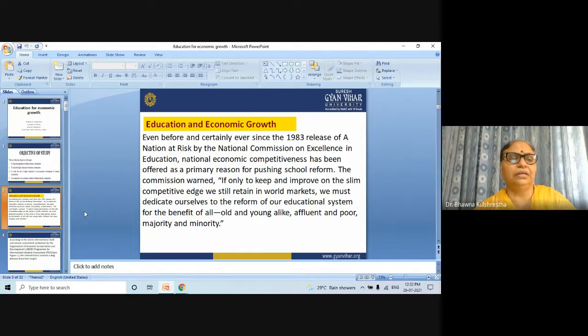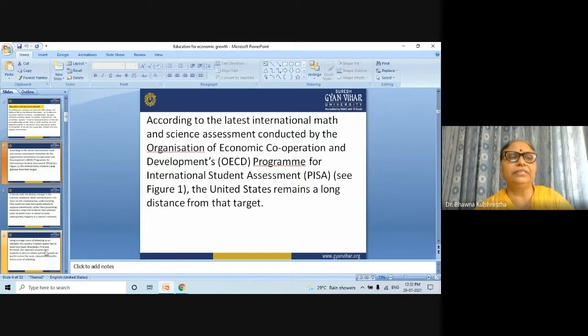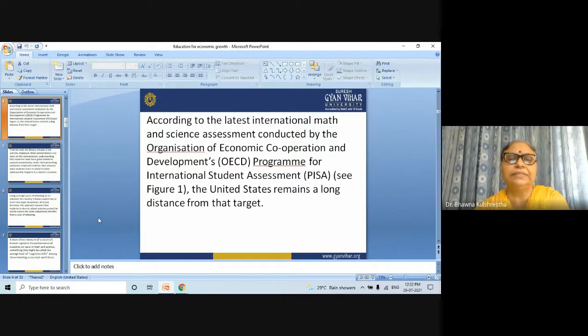And according to the latest international math and science assessment conducted by the Organization for Economic Cooperation and Development, OECD, the Programme for International Student Assessment, the United States remains a long distance from that target.